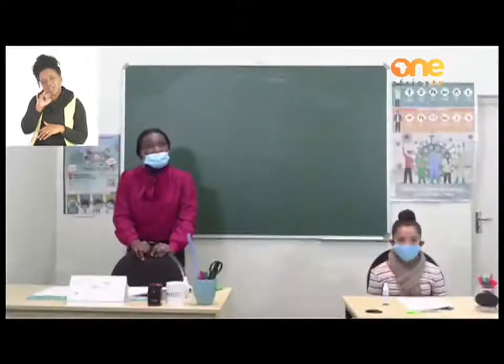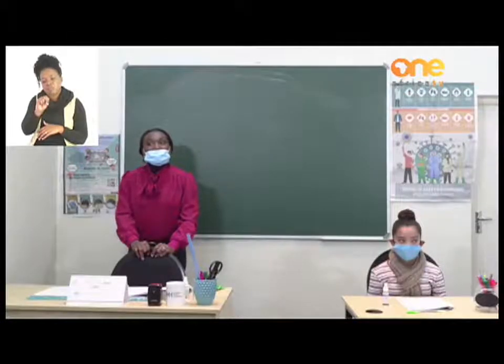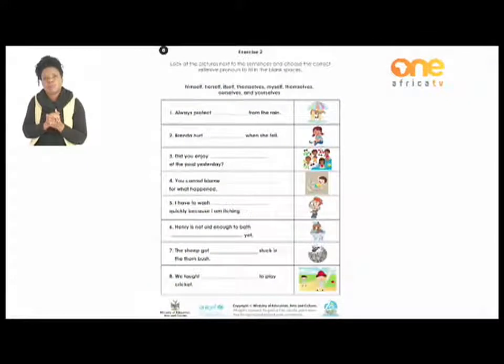On page 6, there is exercise 2. Exercise 2, the instruction says, look at the pictures next to the sentences and choose the correct reflexive pronoun to fill in the blank spaces. Now remember, I said reflexive pronouns, they usually end with self and selves.